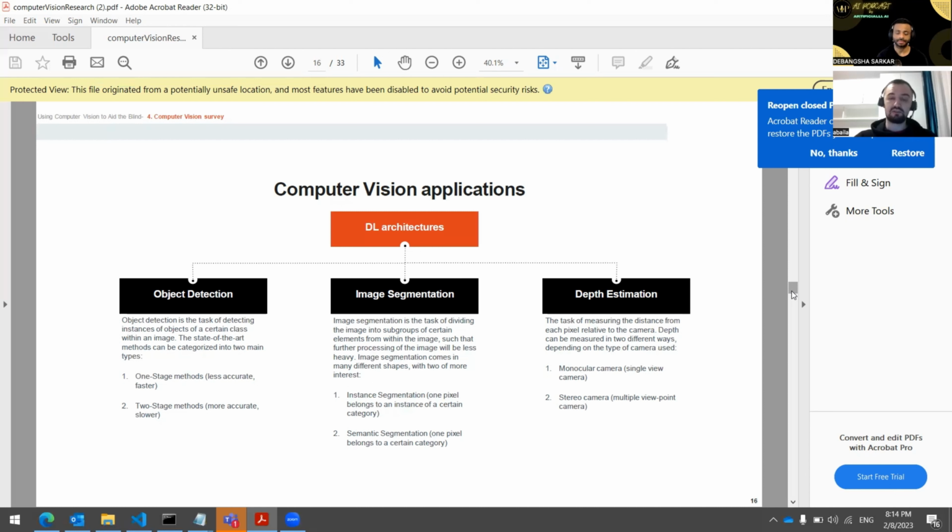We can have a monocular camera, which is basically what everyone's laptop surely has, and that means that it's a single point of view camera. Then you also have stereo cameras, which are multiple viewpoint cameras. So kind of like, I think the new iPhones have stereo cameras. Yes, that's what stereo stands for.